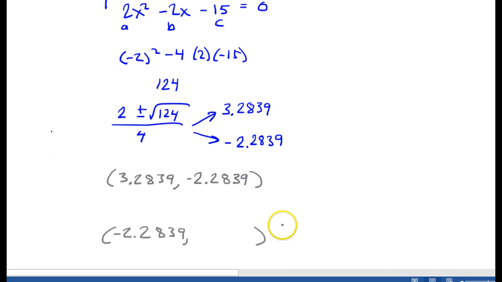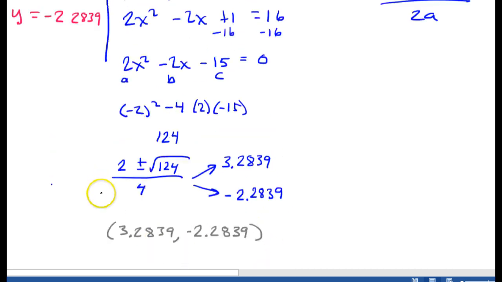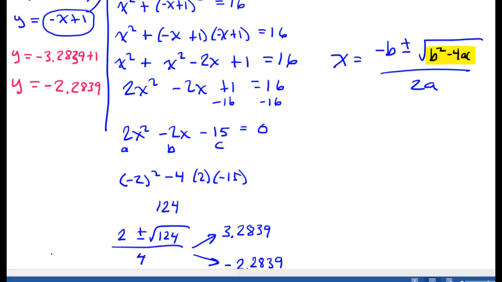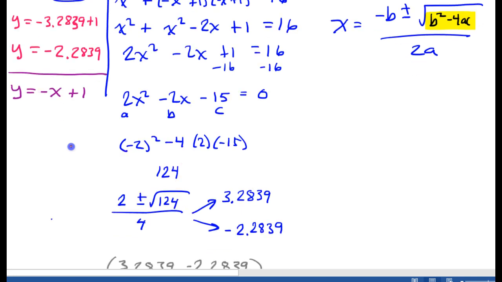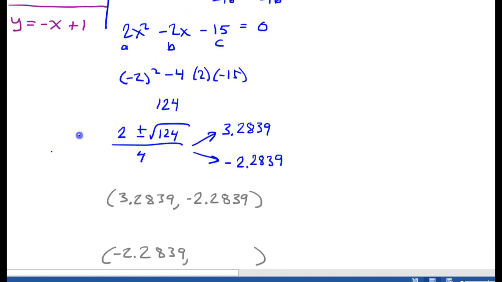Okay, now let's find the y value that goes with this x value. I'll just change colors to differentiate. So again, we have y is equal to negative x plus 1. You can think of this negative x as the opposite of x, if you like.